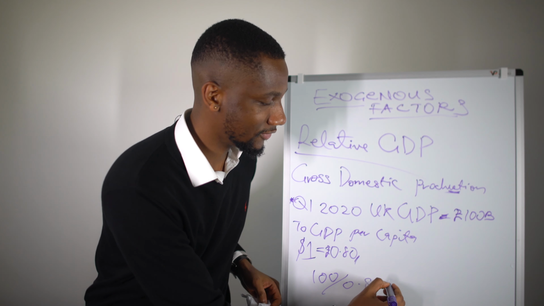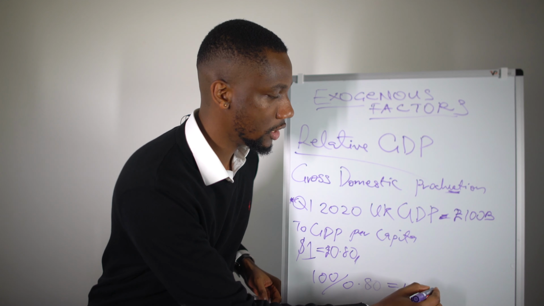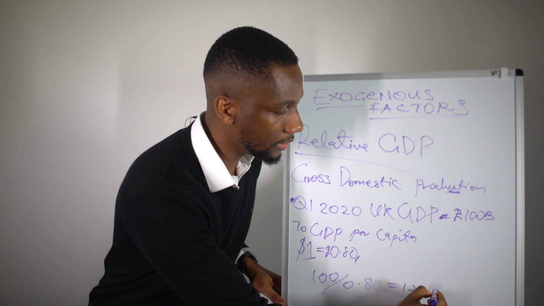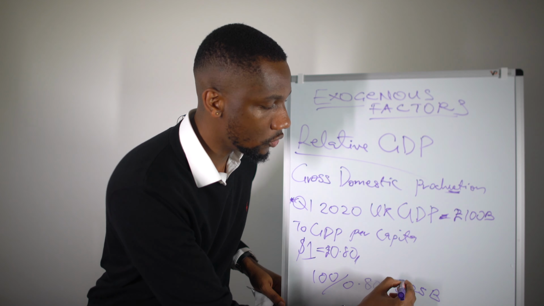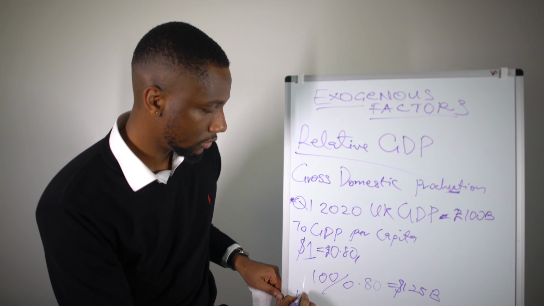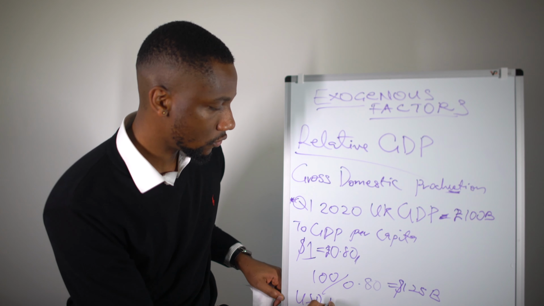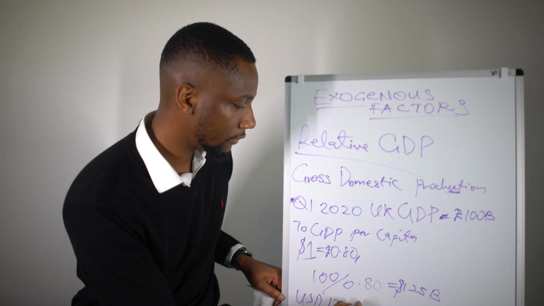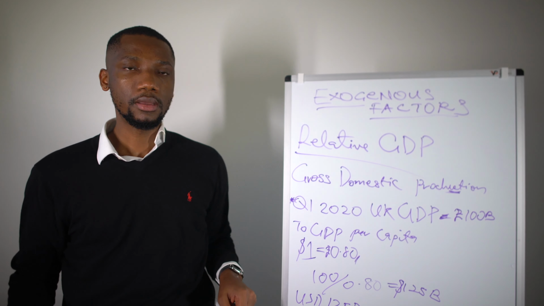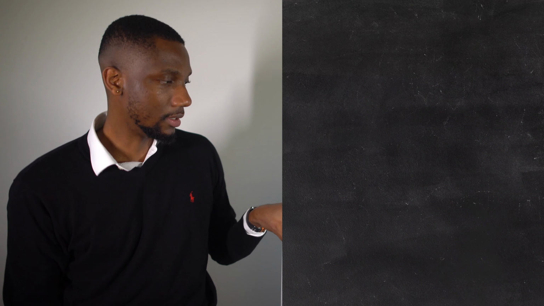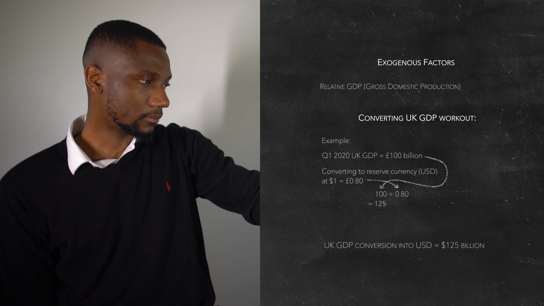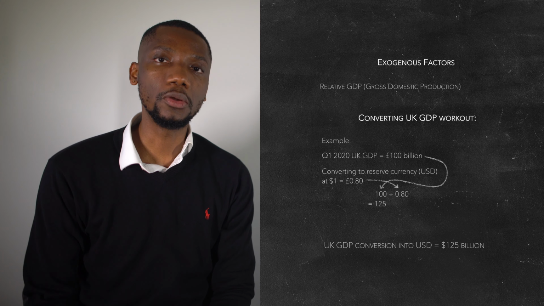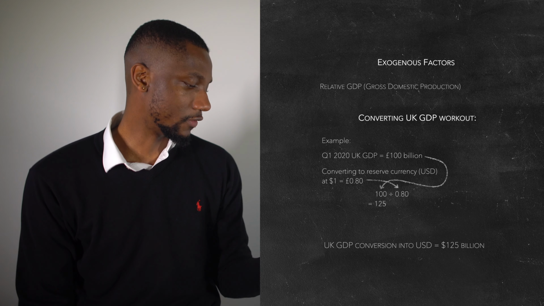So it's going to be 125 billion, now in US dollars. So it's going to be USD 125B. So that will be the value, this GDP value for the UK Q1 has just been converted into US dollars.